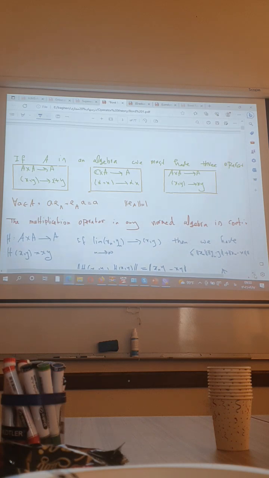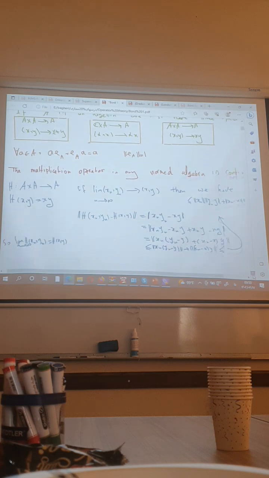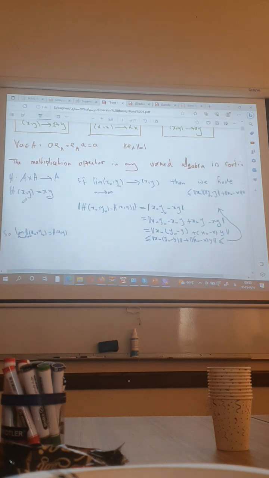And in class we proved for you that these operations are continuous. For example, the operation of multiplication. Because if we have a sequence in A times A that converges to x and y, we consider this operation by h.